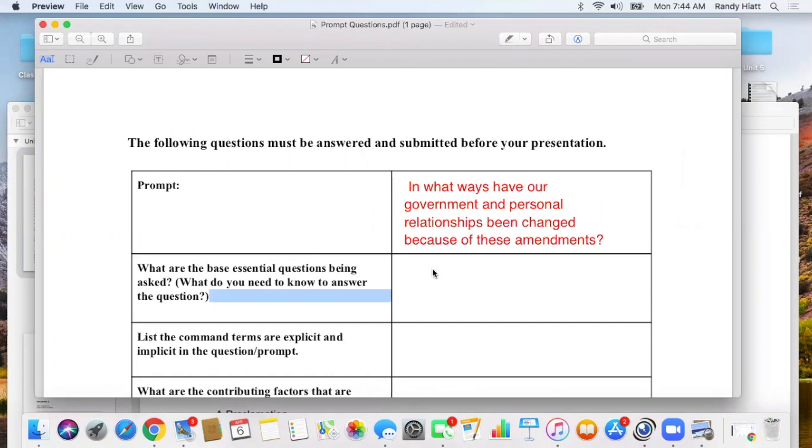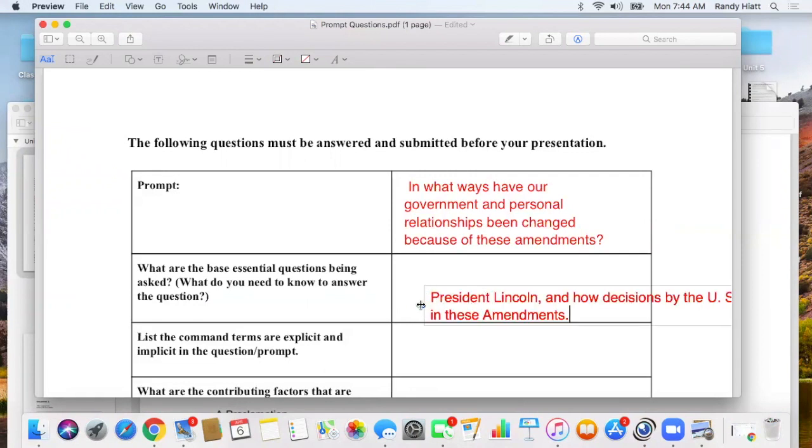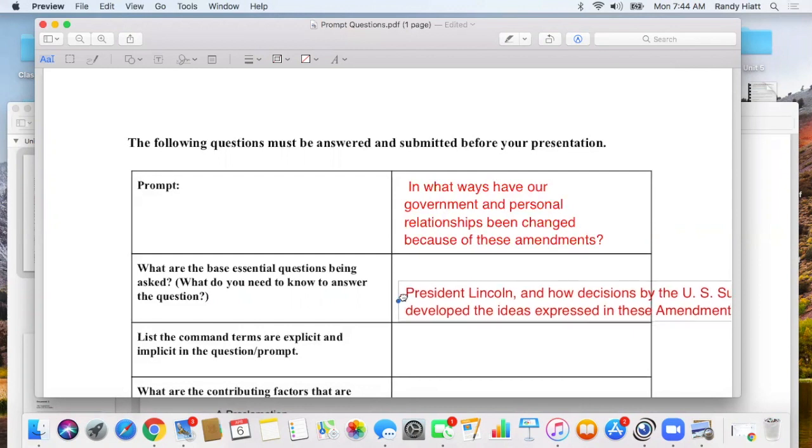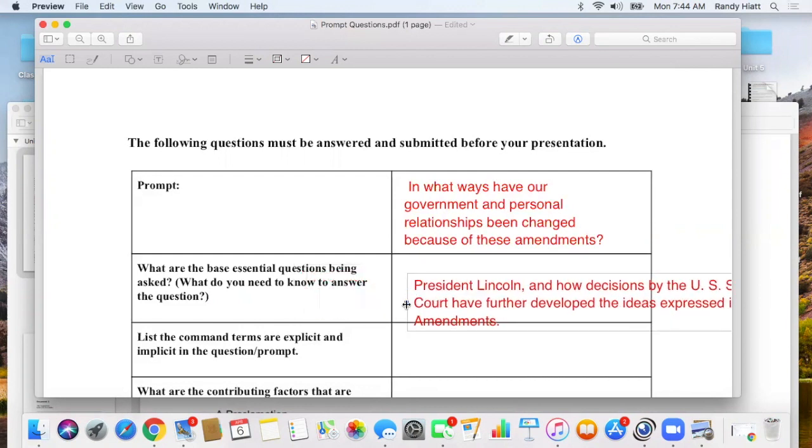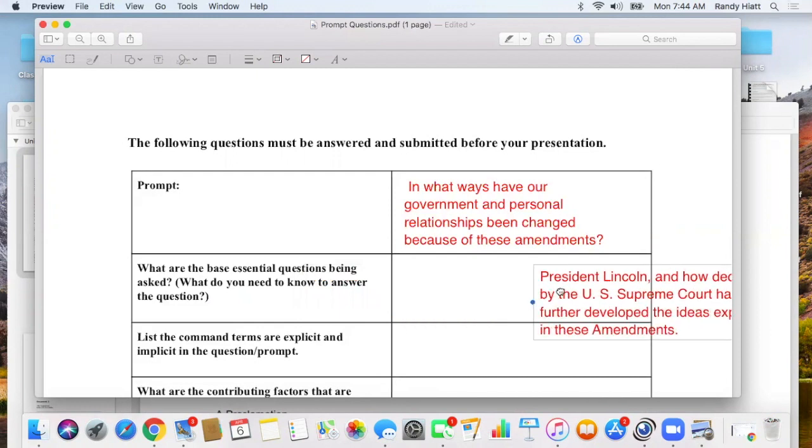Well, one thing we know that it's asking us to do is exactly what it just stated, right? Is to look at President Lincoln, because that was directly asked in a different part of the prompt. We can absolutely put that inside of that.